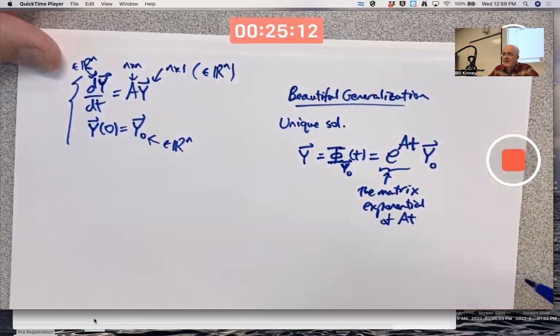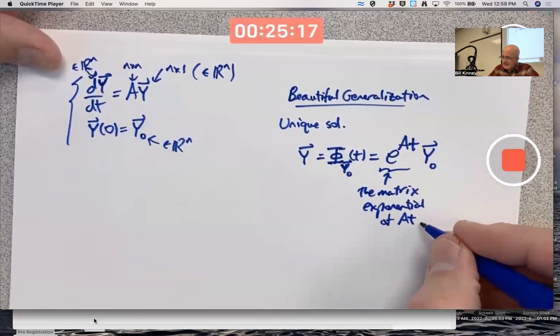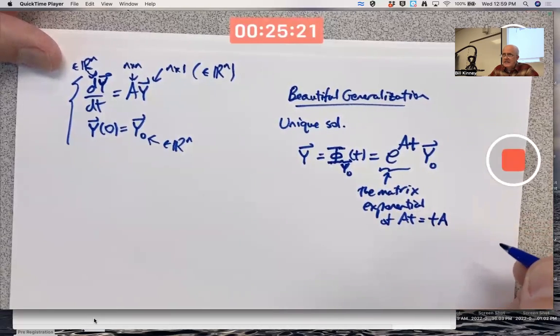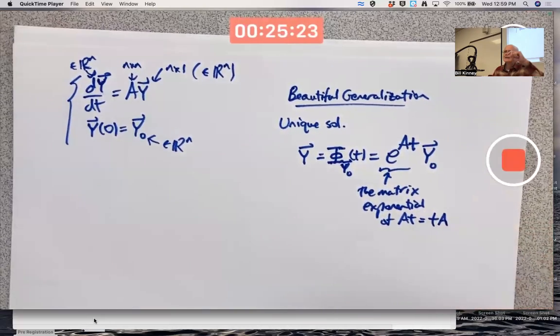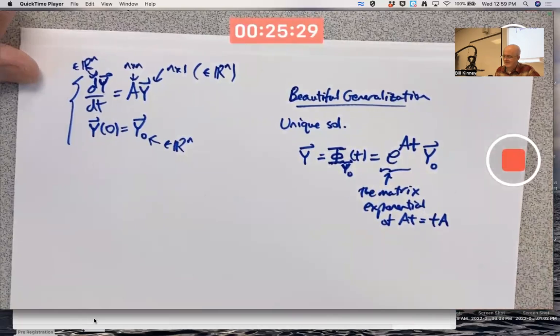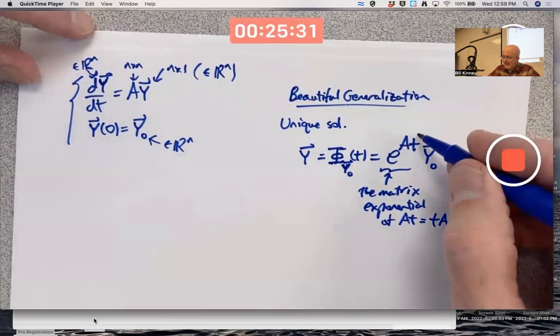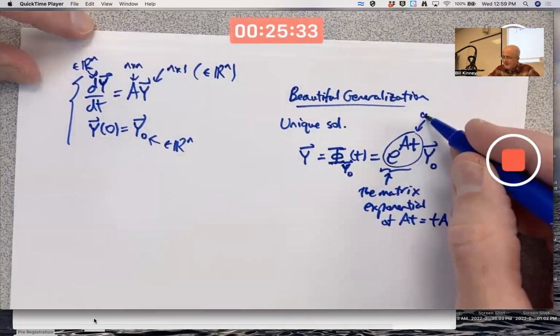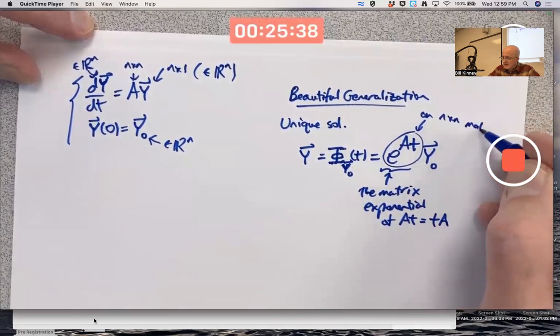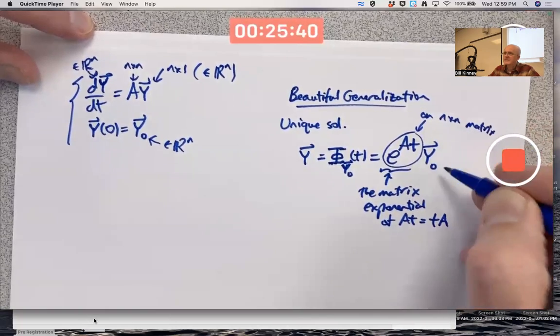A is this n by n matrix. t is a scalar, t is a number. A times t could also be written as t times A, is just the scalar t times the matrix A, which means take every component of A and multiply it by t. That's what it means. And this is an n by n matrix when A is an n by n matrix. And I'm multiplying it times the initial condition.